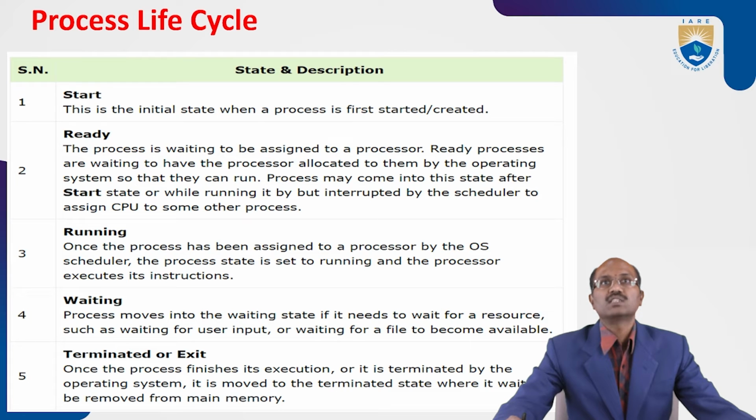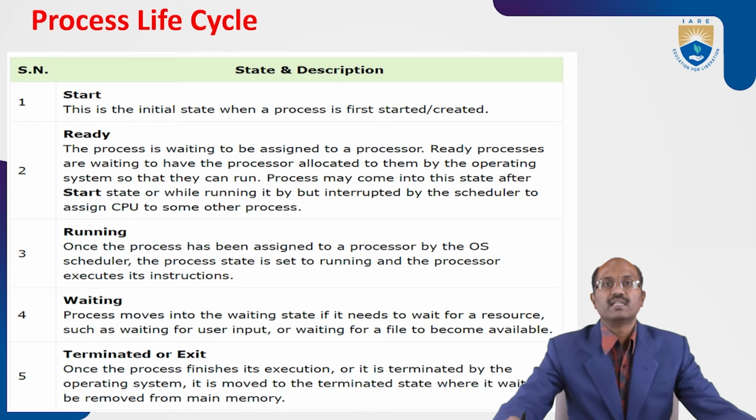Running state: once the process has been assigned to a processor by the operating system scheduler, the process state is set to running and the processor executes its instructions. That is called the running state. Waiting state: the process moves into the waiting state if it needs to wait for a resource, such as waiting for user input or waiting for a file to become available.